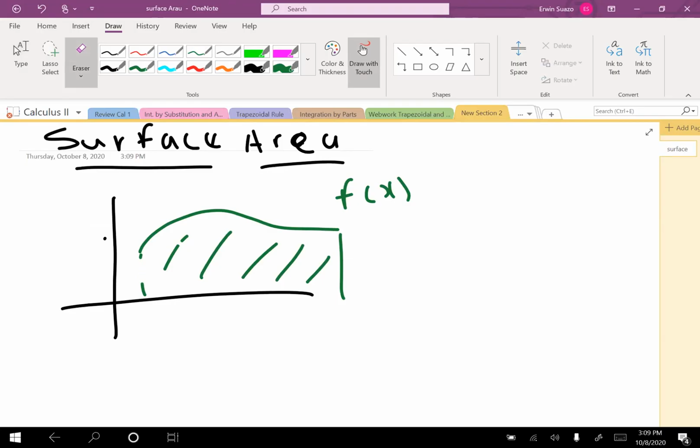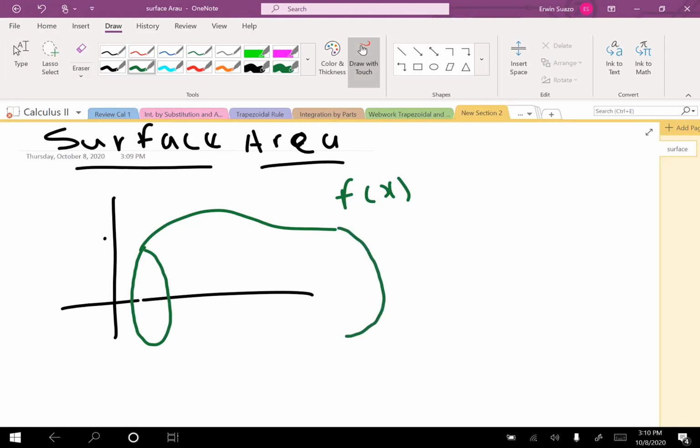If I rotate this around the x-axis, I'll obtain the surface, kind of like a bubble, right?